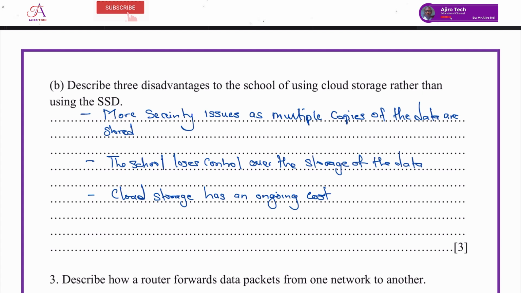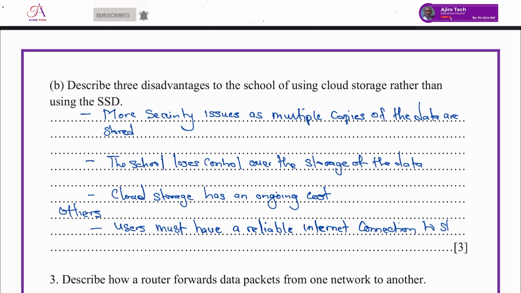Okay, so I've talked about three already, so I'm going to talk about others. The next one I can talk about here is users must have a reliable internet connection to store data.